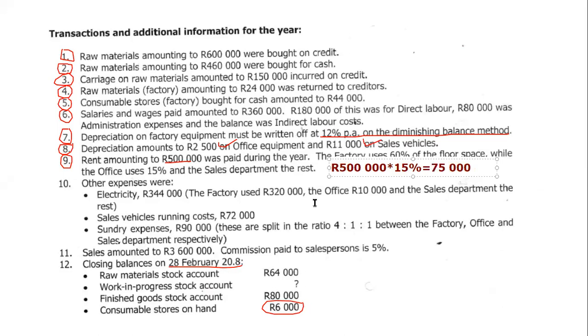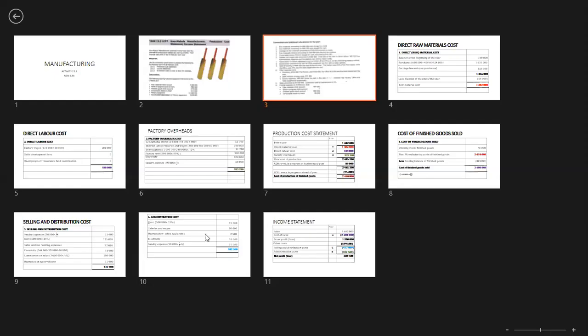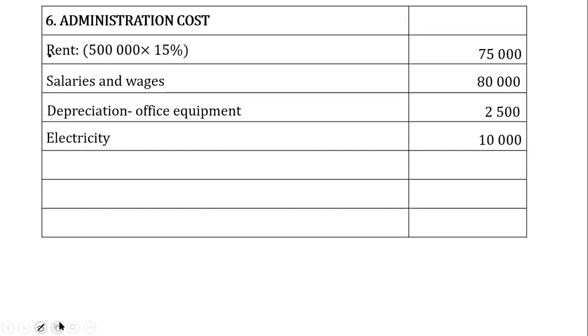That 75,000 will go straight to admin. And in admin, I will also have 70,000 rand, which is for electricity.